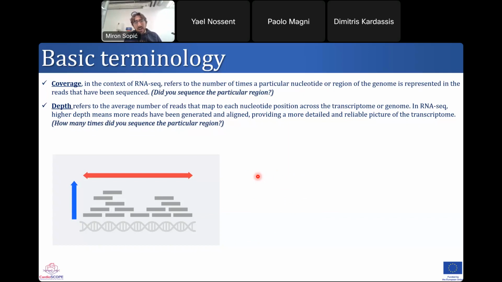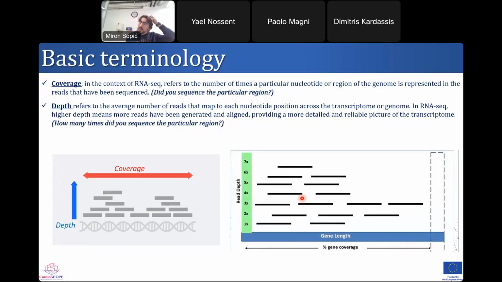Coverage gives you the answer to the question, did you sequence a certain particular region of the gene? And depth gives you the information, how many times did you sequence that particular region? Of course, the greater the depth, the greater the coverage, but they shouldn't be used as synonyms. I think you can see on the next figure it will be much more clear. So imagine this is the gene of your interest that you want to sequence.